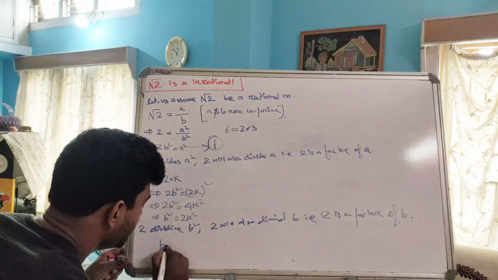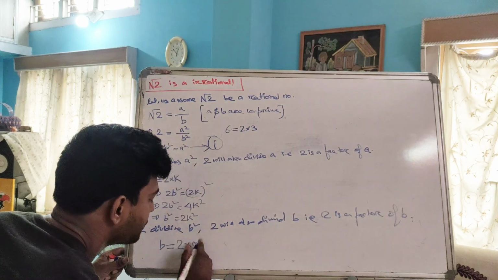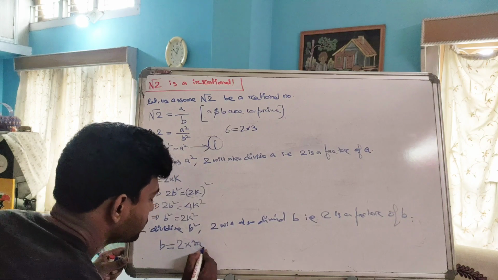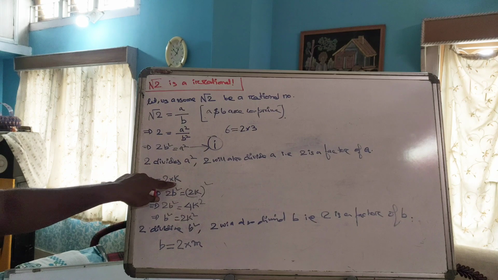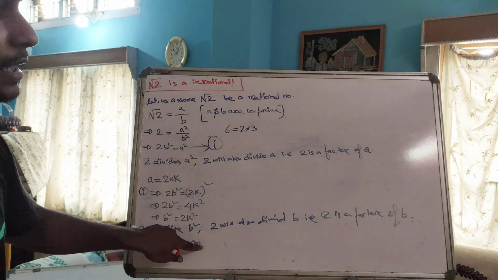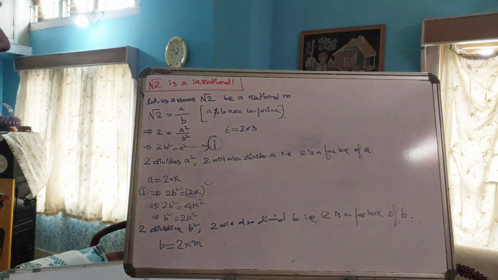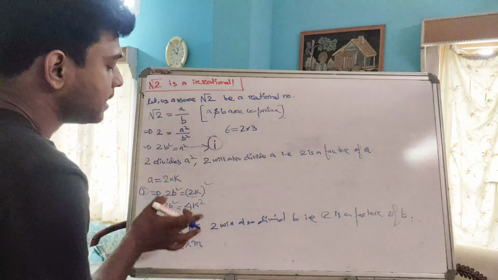Let's say b equals 2 times some integer, say m. From the same logic we used for a equals 2 times some integer, we can also write b equals 2 times some integer m, because 2 divides b.